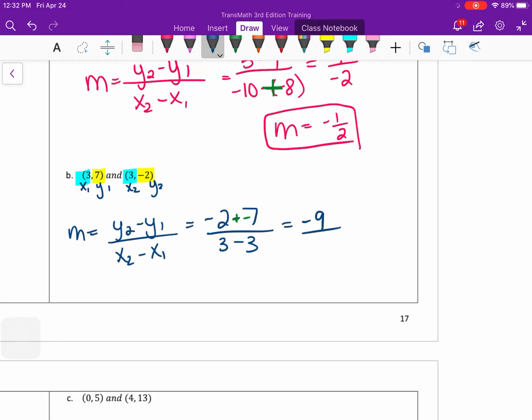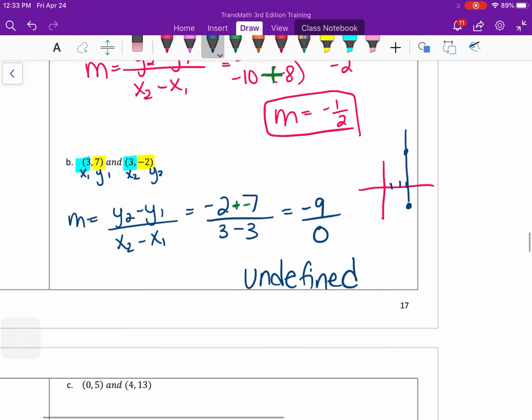So that's -9. 3 minus 3 is 0. Uh-oh, we can't divide by 0, remember. So -9 divided by 0, this slope is undefined, which means that this is a vertical line. If you think about graphing those points, 3, 7 is up here, and 3, -2, that's a vertical line, and vertical lines have slopes that are undefined.